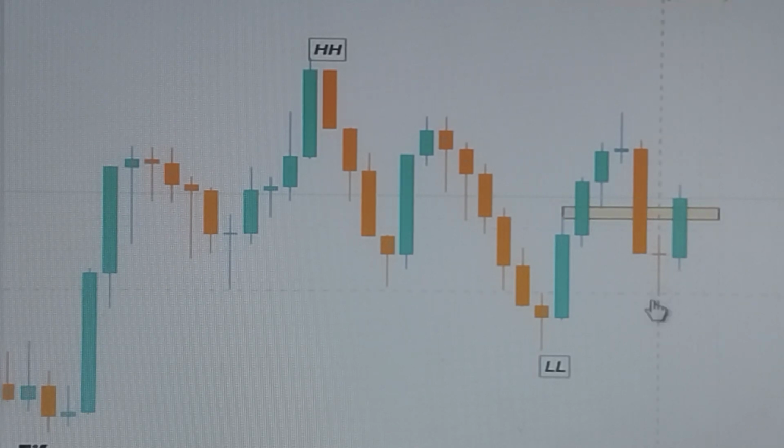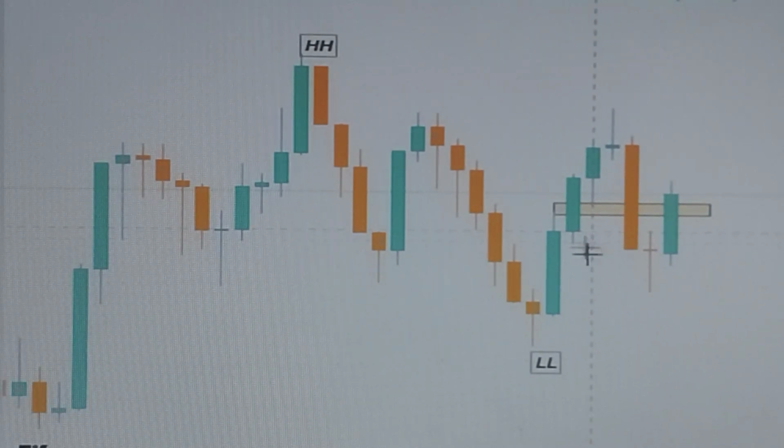So what do I mean? When you look at this candle right here, you'll identify some sort of an imbalance. All right, it's an imbalance on that candlestick, which makes another efficiency down here. So the market had to come back to this efficiency to fill this imbalance to be able to move back up.